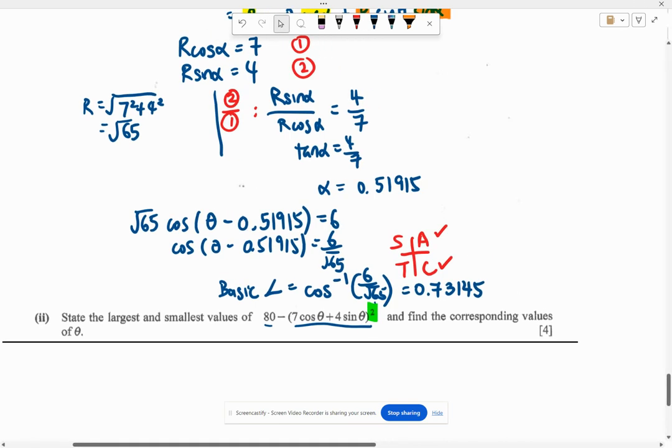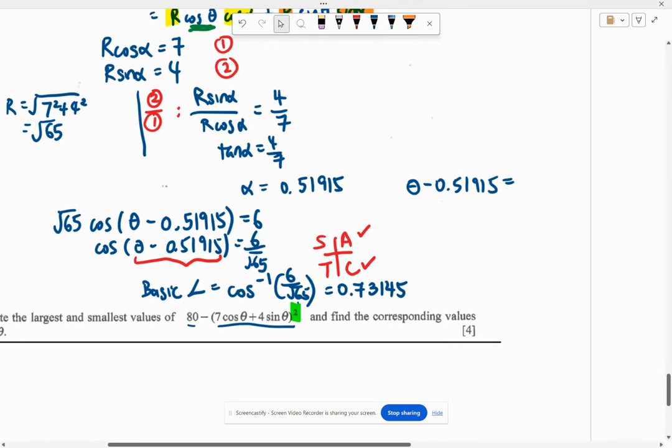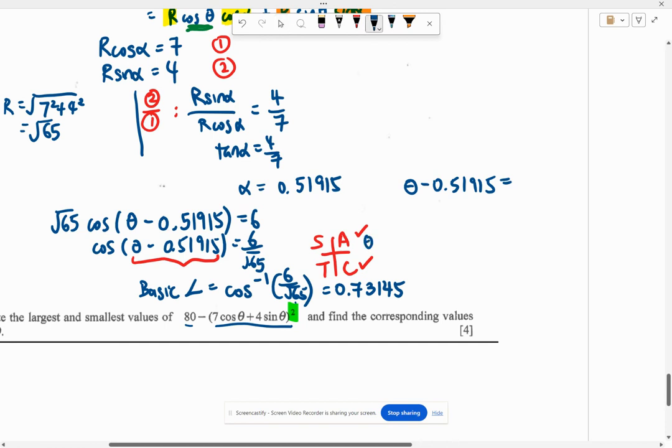Take note that this angle is equals to this one. So in the first quadrant, your angle theta is equals to alpha. And in the fourth quadrant, theta equals to 2 pi minus alpha.